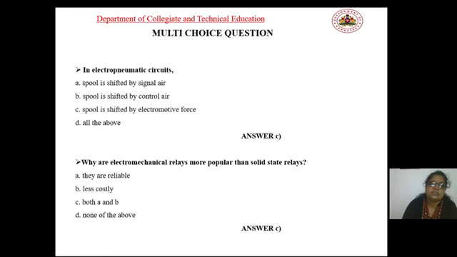The next question: in electro-pneumatic circuits, the spool is shifted by electromotive force, and electromechanical relays are more popular than solid state relays because they are reliable and the cost is the least.